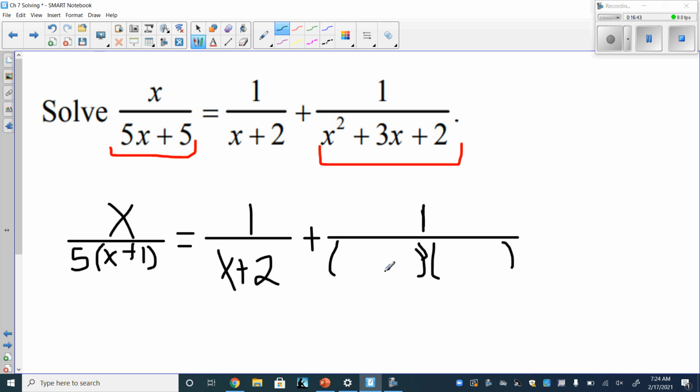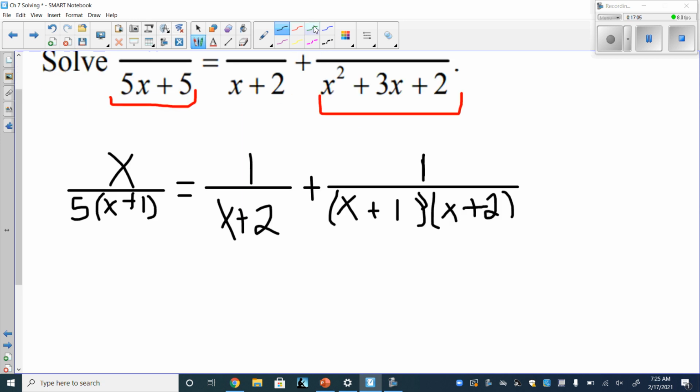Because the 2 is positive, the signs are going to be the same and they're going to match the sign of the middle term, which is positive and positive. Now our factors of x squared are going to be x and x. And the only factors of 2 are 1 and 2. And this here is as simplified as that gets. That is factored. So we have this here. Now we're going to do this a little more streamlined than I did it last time.